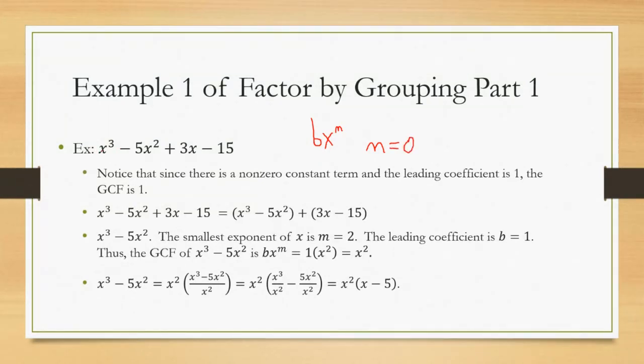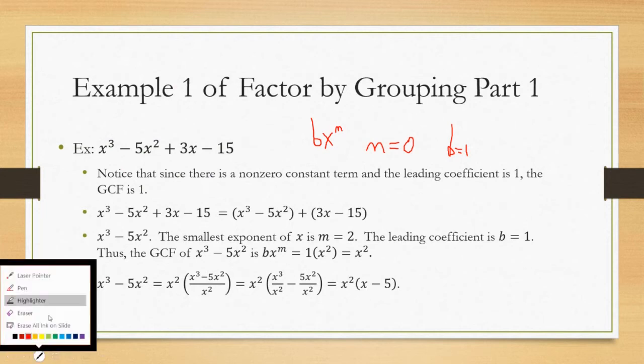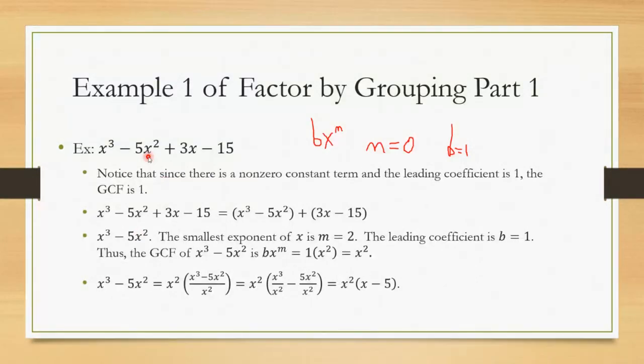And because one of the coefficients is 1, the leading coefficient here, b has to be 1, mostly because the only factor of 1 is 1 itself. So the only common factor among the coefficients and the constant term is 1. Okay, so the GCF is 1, so we really don't factor that out.